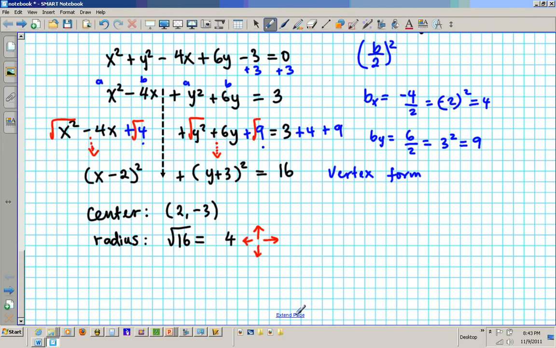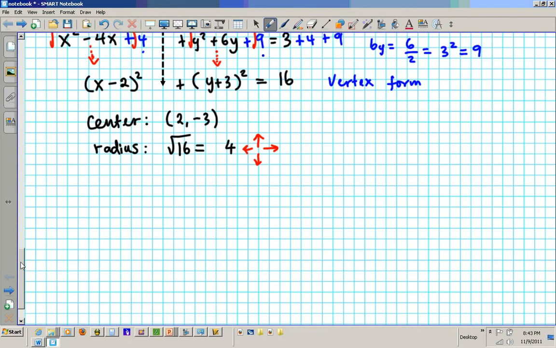Alright, let's graph this. To graph this resulting equation, let's place our coordinate system down. 2 is positive on the x, so our y-axis is going to go down a little bit. And then y is positive, and y is negative, so our x-axis has to shoot the opposite direction, which is to the right a little bit.